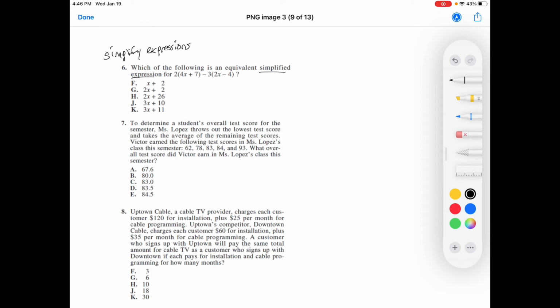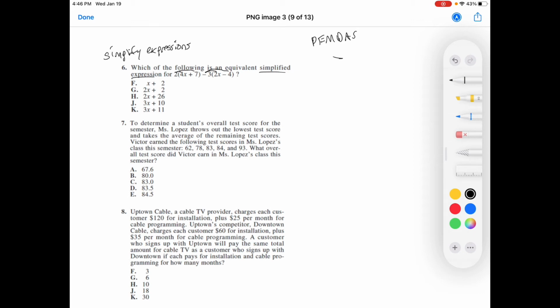And so we can't combine anything in the parentheses, and now I don't see any exponents. Remember, your order of operations is PEMDAS. So parentheses, no. Exponent, no. Can I multiply? Yes, we can multiply twice. You have to distribute this 2 to both terms, and you also have to distribute the negative 3 to both terms.